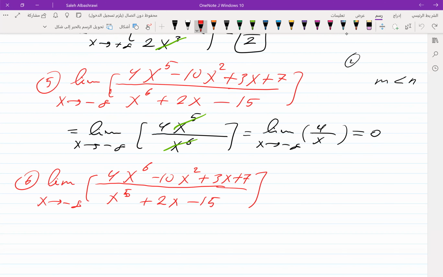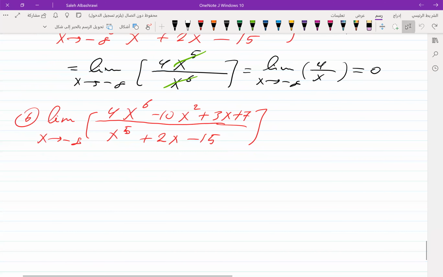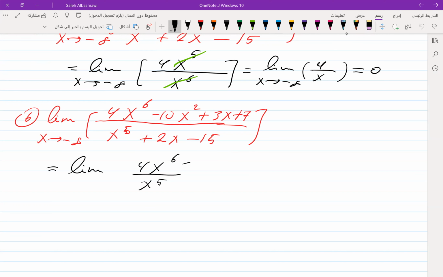It is the same concept. So taking the highest power for the numerator and the denominator, I will have 4x to the power 6 divided by x to the power 5. So I take the highest power.